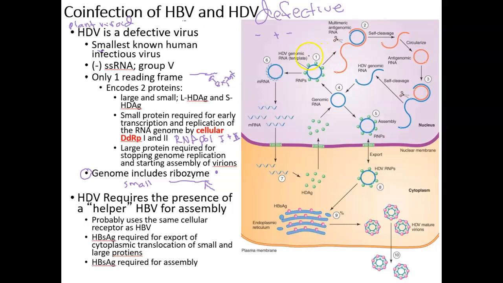The other interesting thing about the genome of hepatitis D virus is that it has a lot of self-complementary regions in it. So it is a linear genome, but it can fold back upon itself through some self-complementarity, and you get this dumbbell type structure.